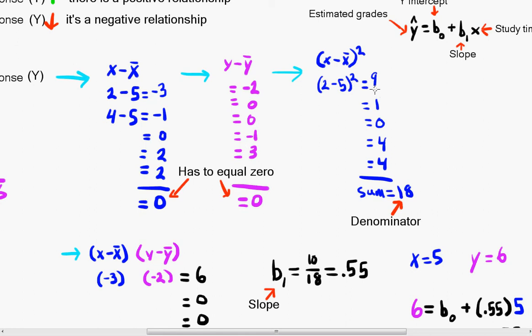That gives you 9. You repeat this process and you sum this up, and that comes out to be 18. And this is the denominator when you are solving for the slope, b1.